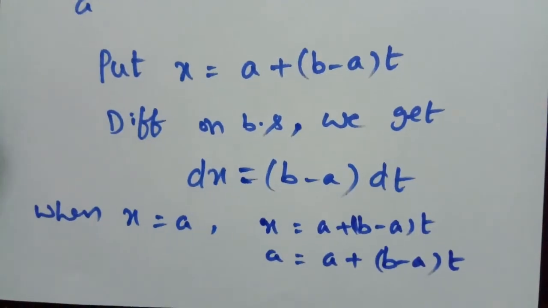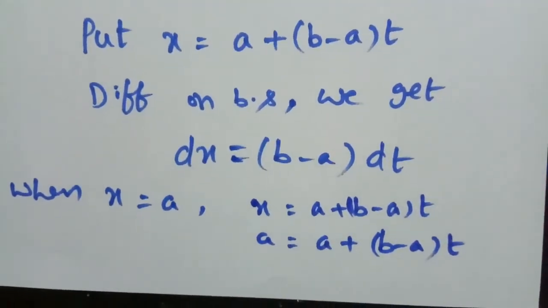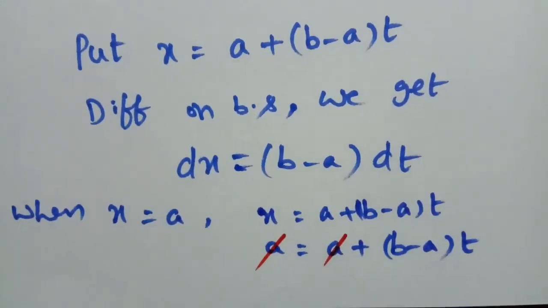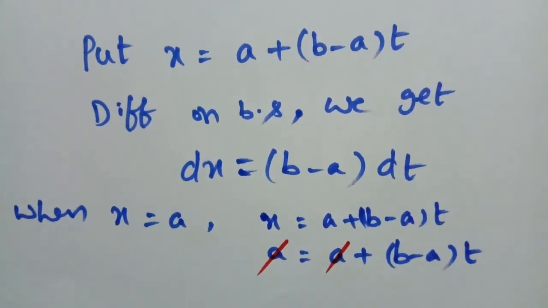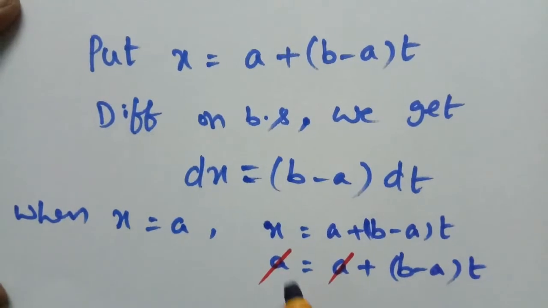Here a gets cancelled. That means 0 is equal to (b minus a) into t.